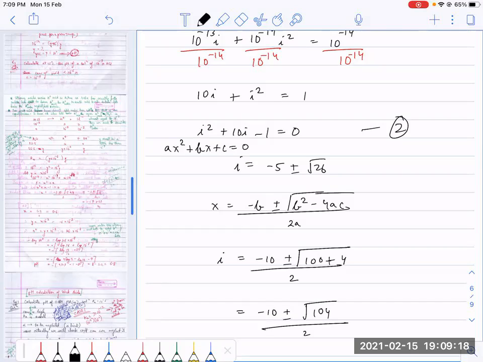Minus 5 plus or minus root 26. Okay. Now, can you calculate the actual value with the calculator? What is it coming in points?